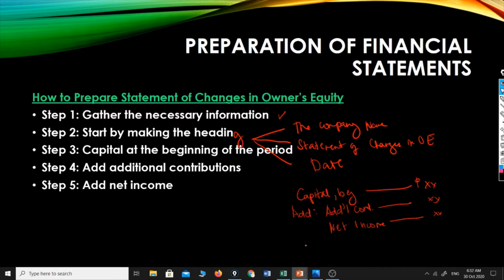However, if it is net loss, of course, you will indicate here less net loss. So you will just see to it kung saan applicable, net income ba or net loss. Okay? Net loss, of course, that is a deduction.